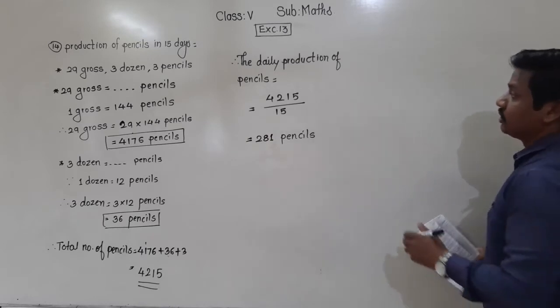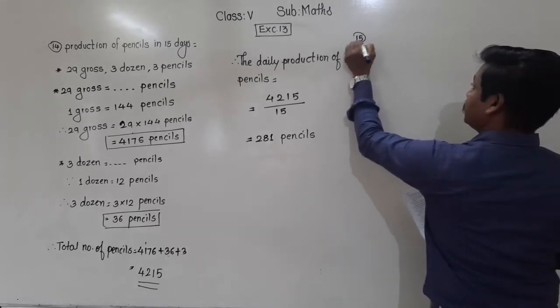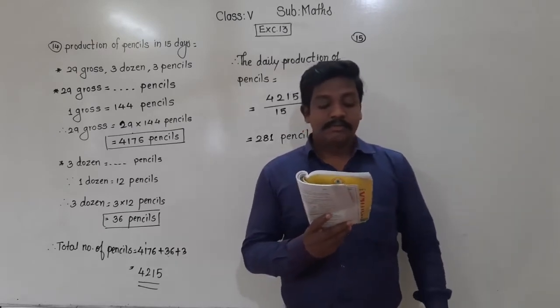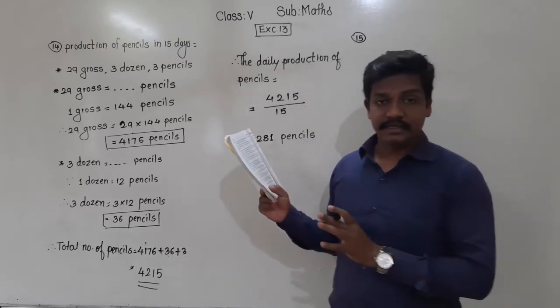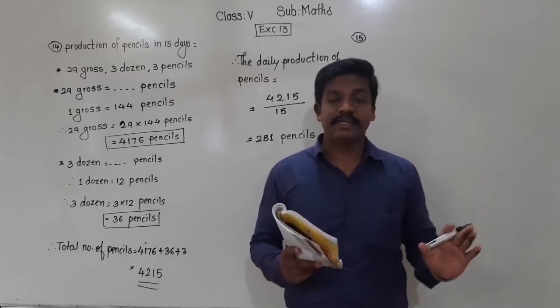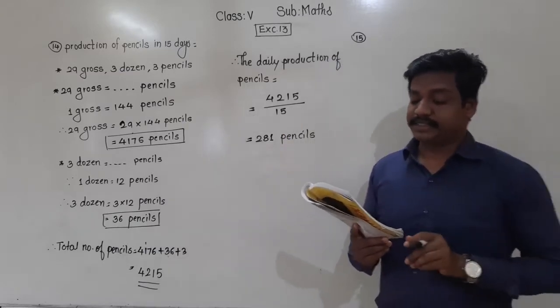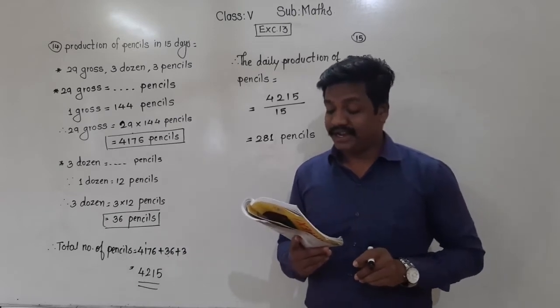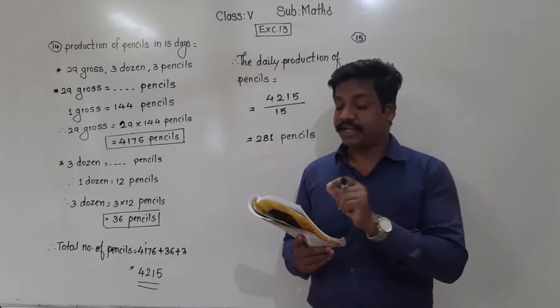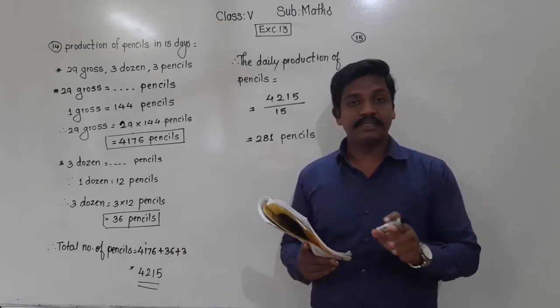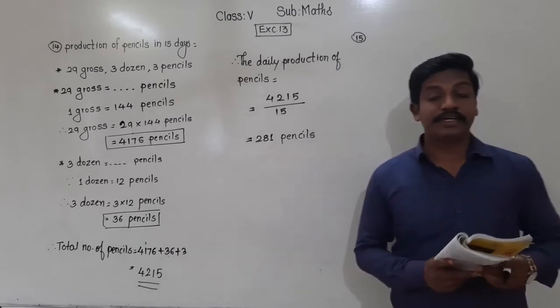Now next, question number 15. Pay attention, this is an important example of time. Panchvati Express leaves Bombay at 18:45 hours, meaning 18 hours 45 minutes. This time is given according to the 24-hour clock.